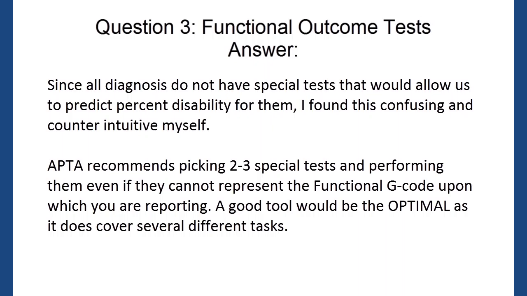A good tool to use is a subjective survey type of evaluation like the Oswestry or the OPTIMAL, that kind of thing that covers very different functional tests throughout, and be able to use one of them to reflect the functional limitation or the severity modifier and percent limitation that you are going to be figuring out and performing on your patient.